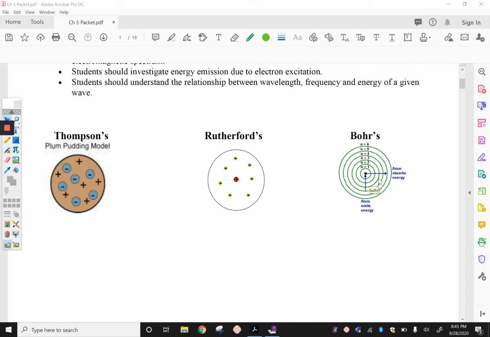And so the electron could be in the first or the second or the third energy level, not anywhere in between. And he also came up with calculations for how much energy an electron has at a certain energy level.